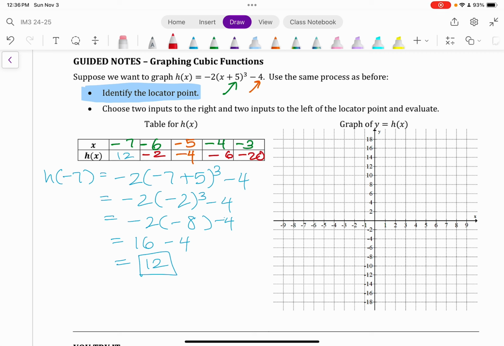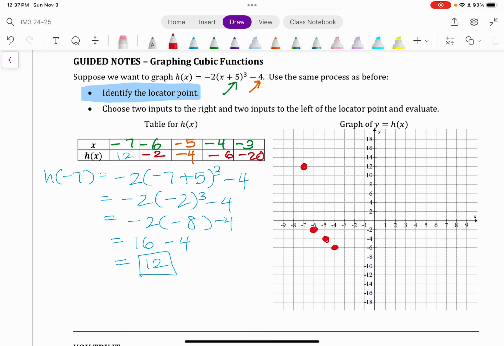Now, the goal is to graph this, so let's go ahead and begin. -7 and 12 would be a point right over here. Then we have a point -6 and -2. -5 and -4. -4, -6.